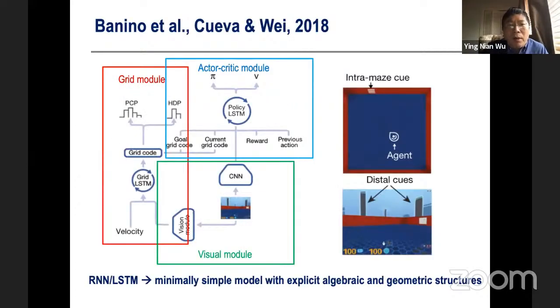Okay, so our work was inspired by two papers, one from DeepMind and the other from Columbia in 2018. They use deep learning models, for example, recurrent neural network and also LSTM, long short-term memory, to model this path integral for grid cells. So our goal is to find a minimally simple model, which is more explicit, with explicit algebraic and geometric structures.